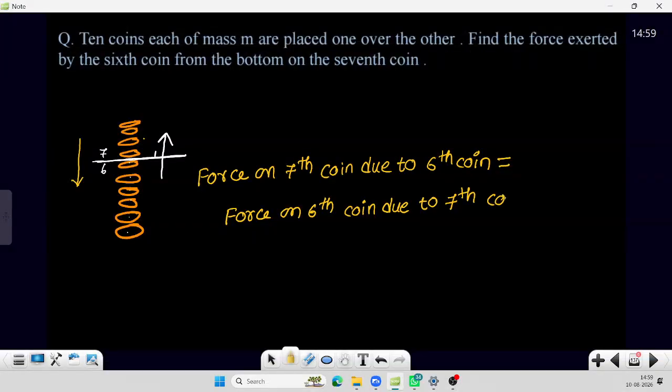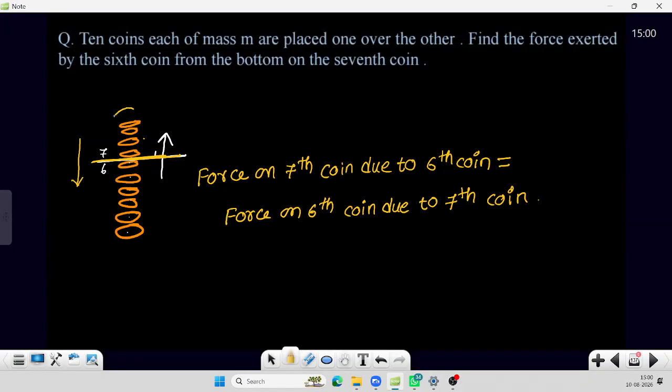Action reaction. The values are same but opposite directions. These two forces are equal only. So now the force acts on which one? The sixth coin we need to find.